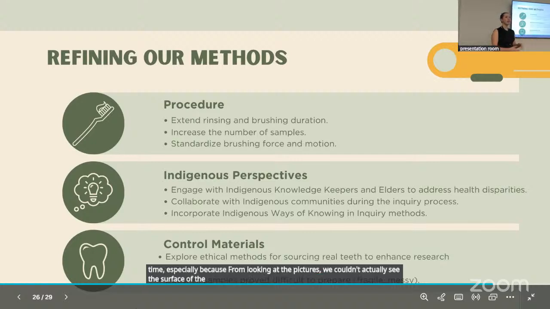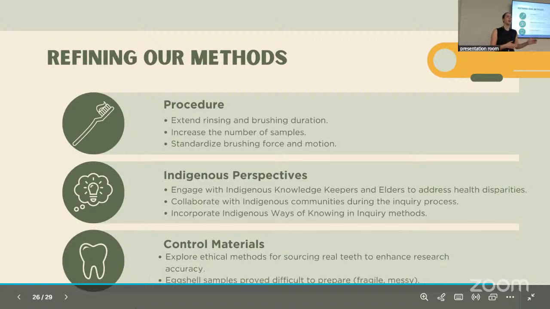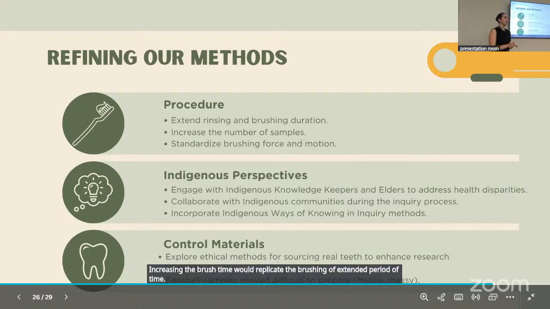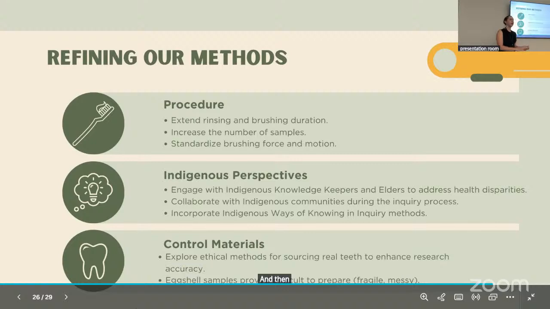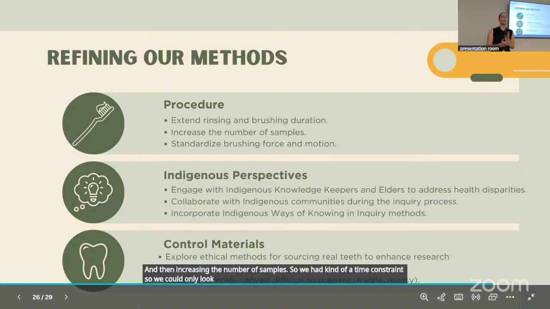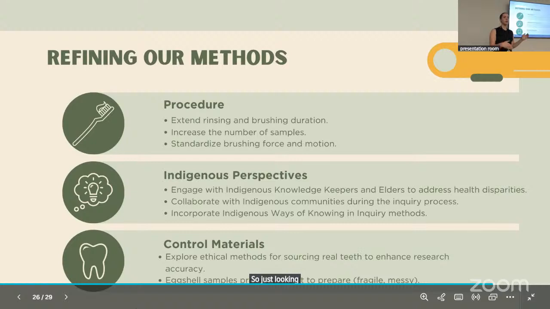So increasing the rinse time would hopefully rinse off all the residue of the toothpaste, and increasing the brush time would replicate brushing over an extended period of time. And then increasing the number of samples. We had kind of a time constraint, so we could only look at one sample for each eggshell with the toothpaste on it. So just looking at more samples would help us see patterns and really make those conclusions and solidify them.